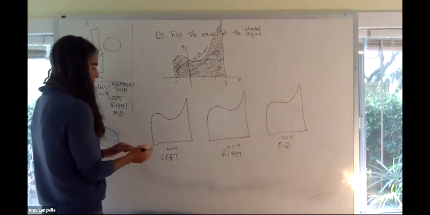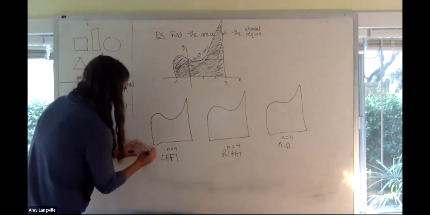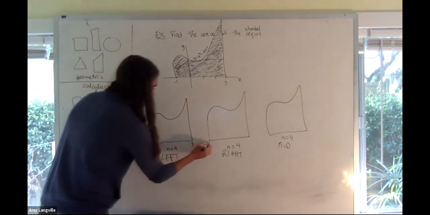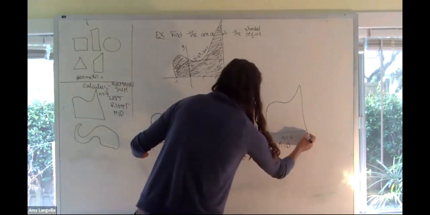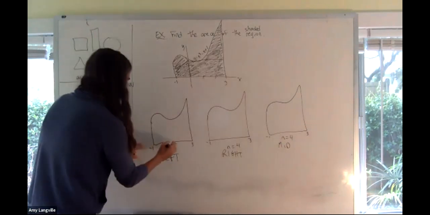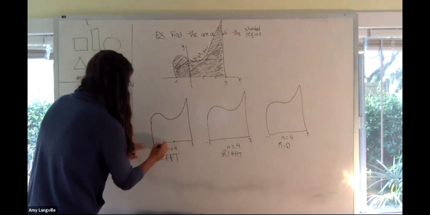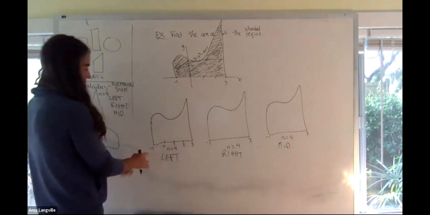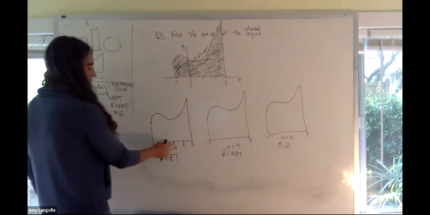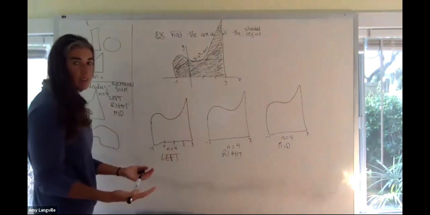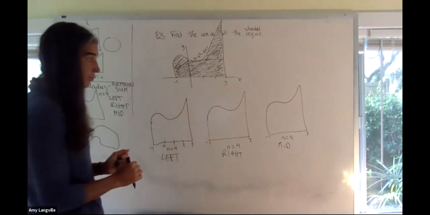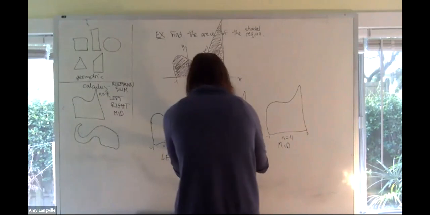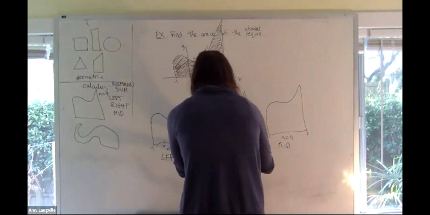For the left rule, the region goes from -1 to 3. That's kind of convenient because it actually divides this into equally spaced units, right? They go from -1 to 0, 0 to 1, 1 to 2, 2 to 3. That's 4 subdivisions along the x-axis.